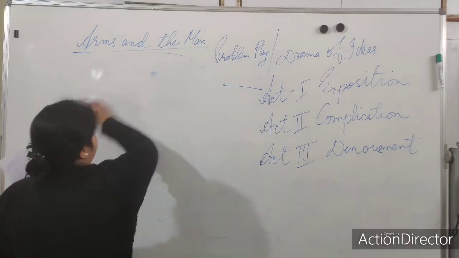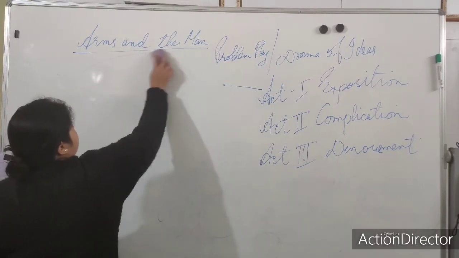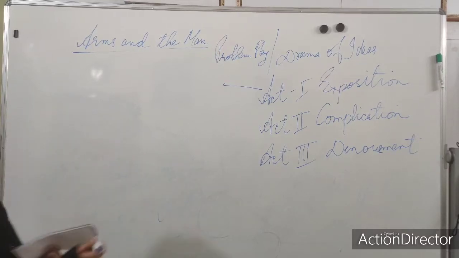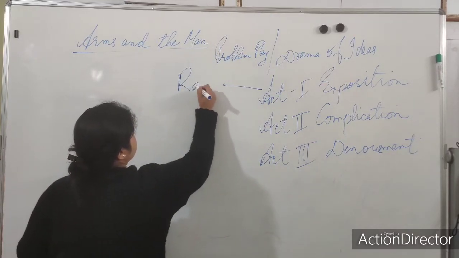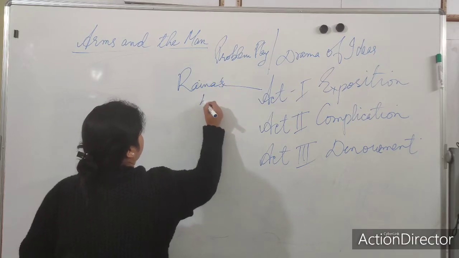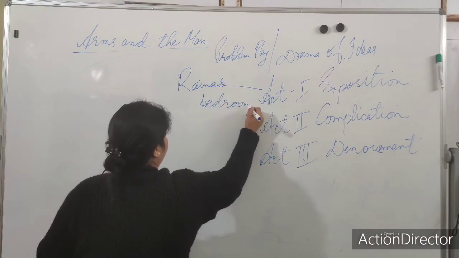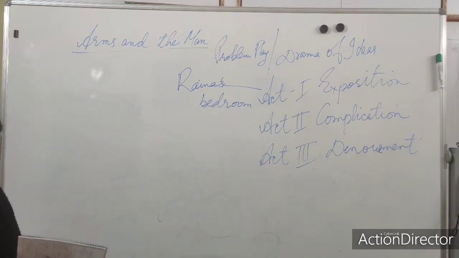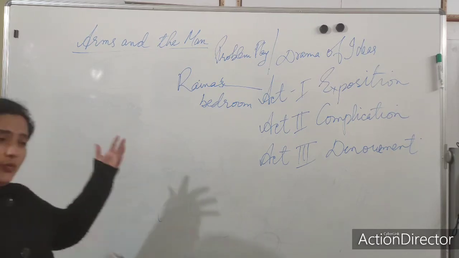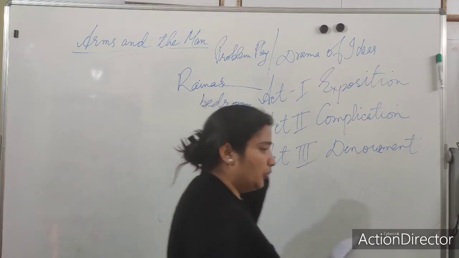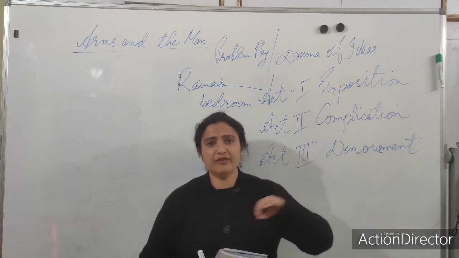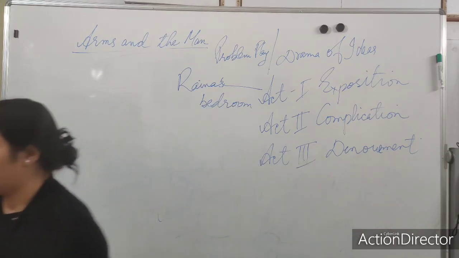First act, sorry, not the play, right? And that is Raina's bedroom. This is the setting of first act. Now, what has happened? Of course, Shaw was a great stage perfectionist who gave great descriptions. Let me just read out.